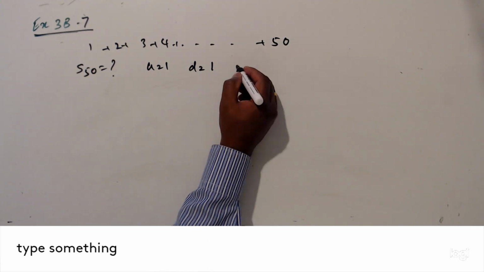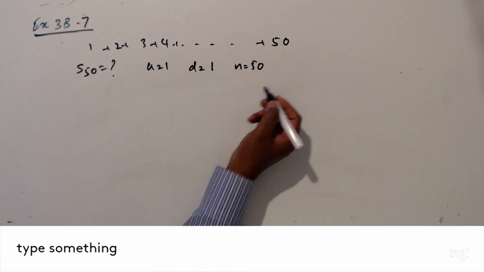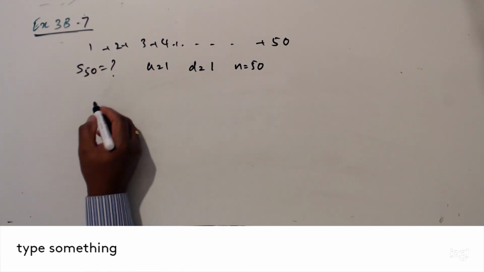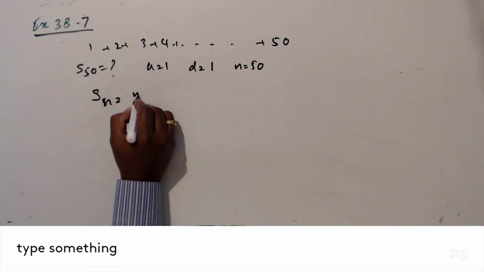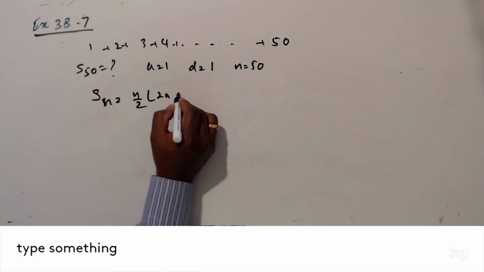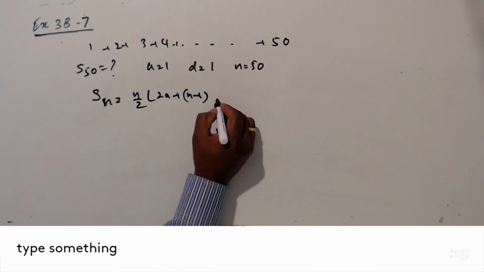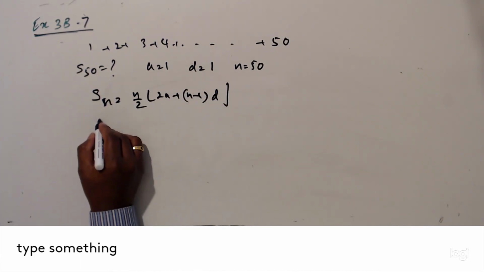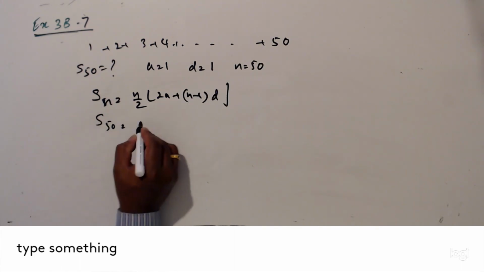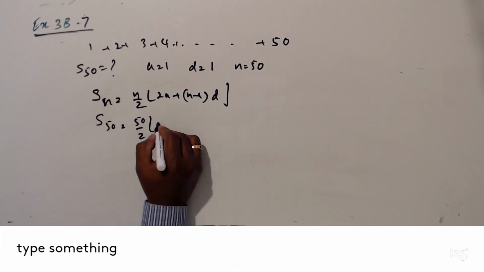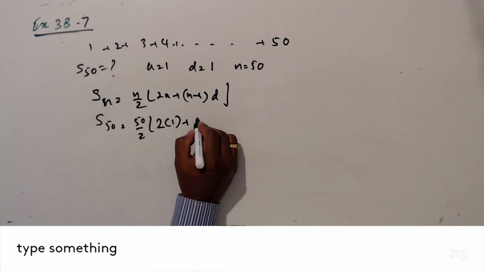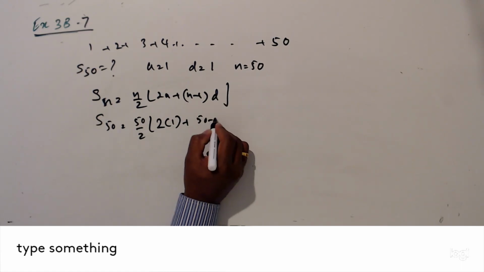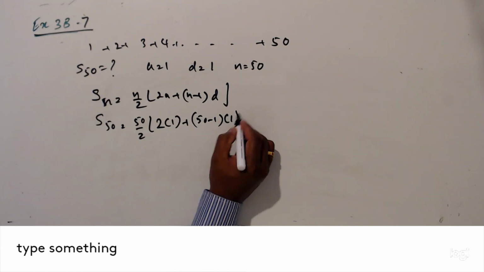And n is 50. We can simply put the formula: S n equals n divided by 2, times 2a plus n minus 1 times d. So S50 equals 50 divided by 2, 2 times 1 plus 50 minus 1 times d, which is 1 again.